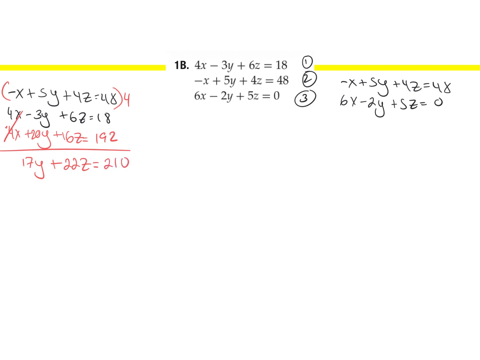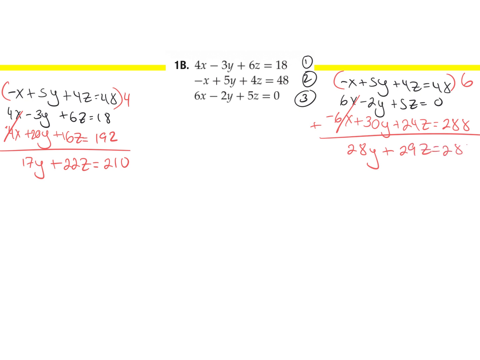I'm going to go ahead and multiply the other side by 6. So we'll get negative 6x plus 30y plus 24z equals 48 times 6, which is 288. I'm going to add them. These cancel out. This will give me 28y plus, now 24 plus 5 is 29z equals 288.